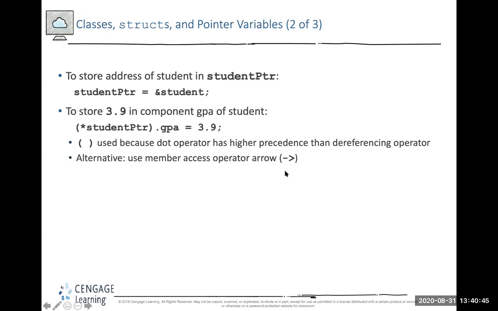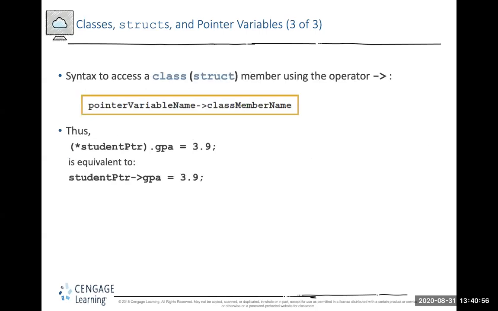And then alternatively, you can just use the arrow operator. So essentially you can do student pointer arrow GPA equal to 3.9. That's the same thing. In fact, this is probably the preferred way of referencing a member, which is more intuitive.